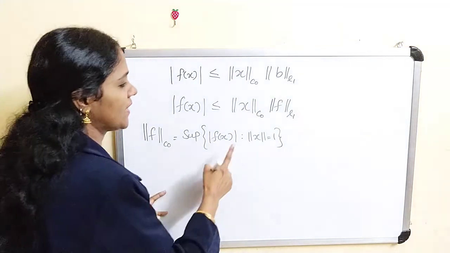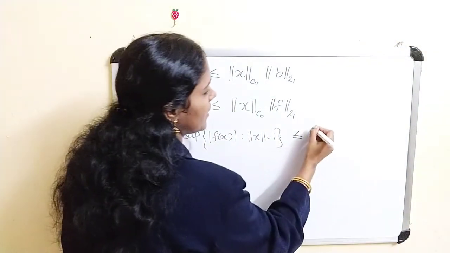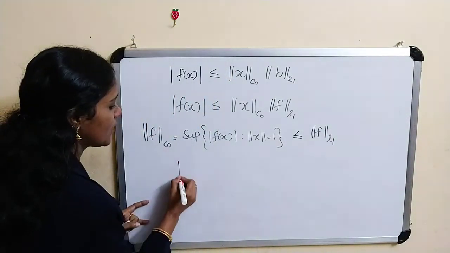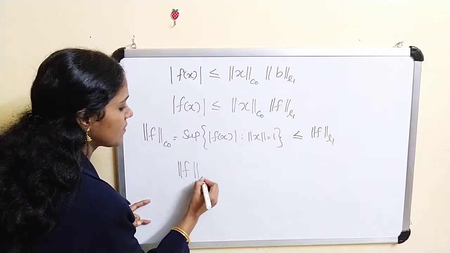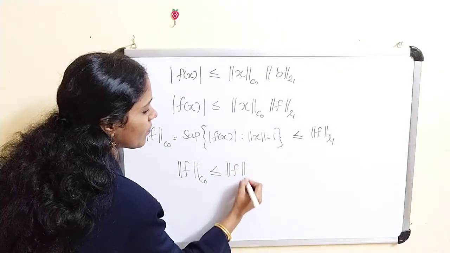Clearly this value is less than or equal to, taking supremum on both sides, norm of f in L1. Thus we get norm of f in C0 is less than or equal to norm of f in L1.